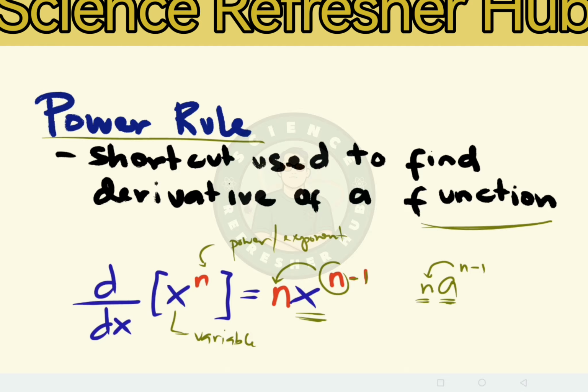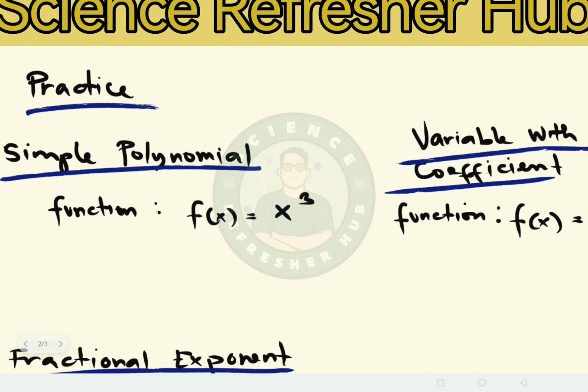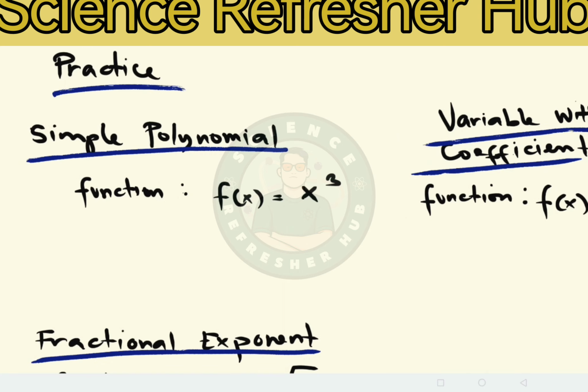Let's practice how to do it. For some it's just a review, but for others maybe it will help you in finding the derivative of a certain term or function. Let's say for a very simple function here, we have this x raised to 3. That's the function.